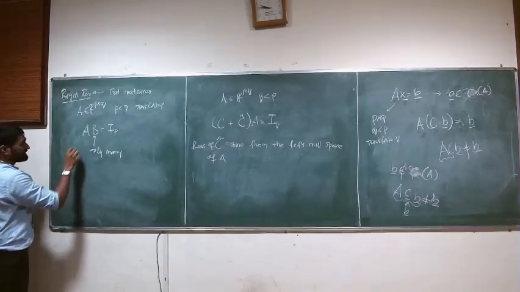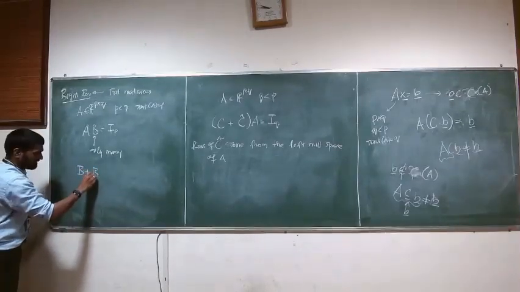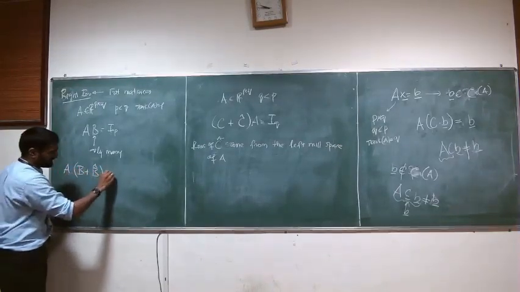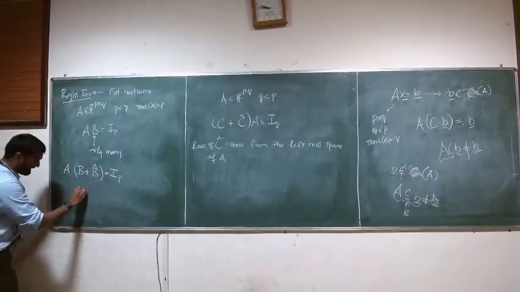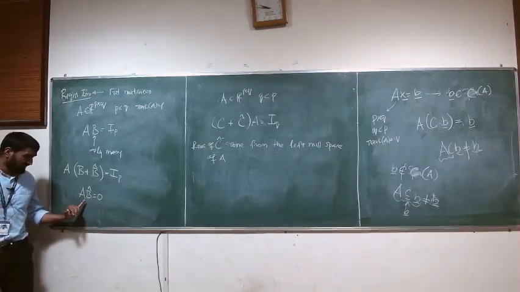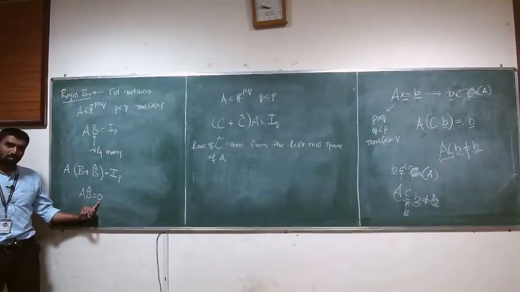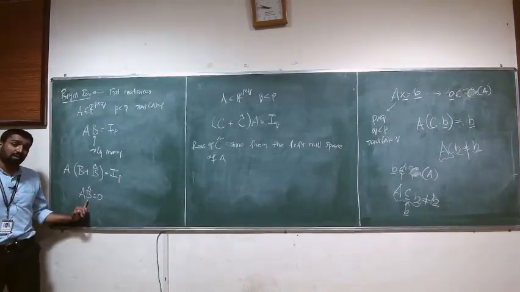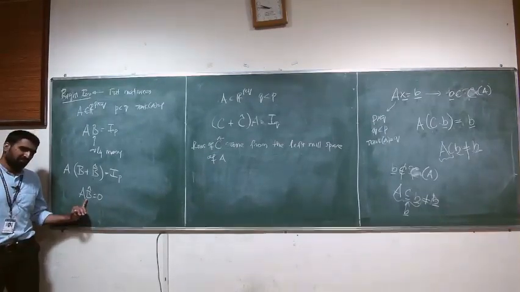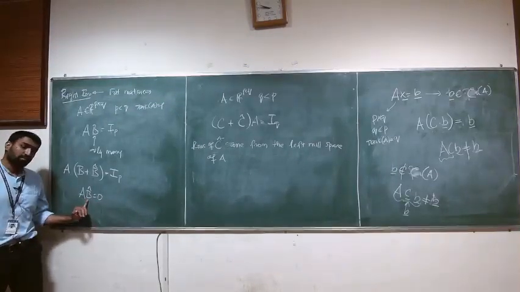Now, let's say B is a right inverse for A. I can always add a matrix B cap such that A times B cap is 0. That means A times the individual columns of B cap gives me 0. What does that tell me about the columns of B cap? There are 4 fundamental subspaces associated with the matrix. If the columns of B cap, when post-multiplied by A, give me 0, where do the columns come from?